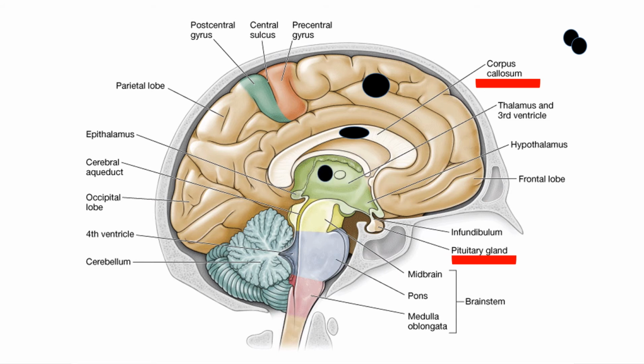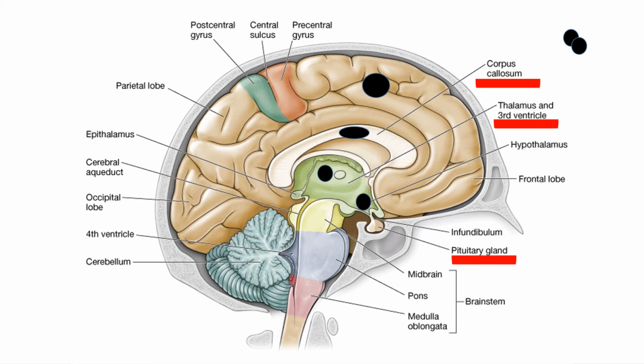Then we start to see this green structure, which is the thalamus. The thalamus is a very important structure because all sensations from all the body come and end up in the thalamus, and the thalamus is the gate that will send these sensations to the cerebral cortex.